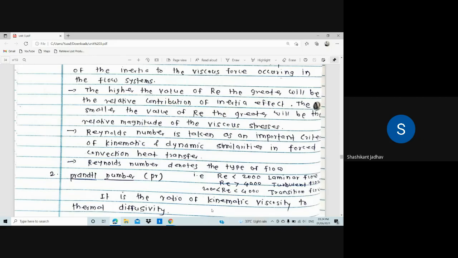If Re is greater than 4000, turbulent flow is there. And if Re is in between 2000 to 4000, then transition flow is there. Okay, so this is understood by using this Reynolds number.